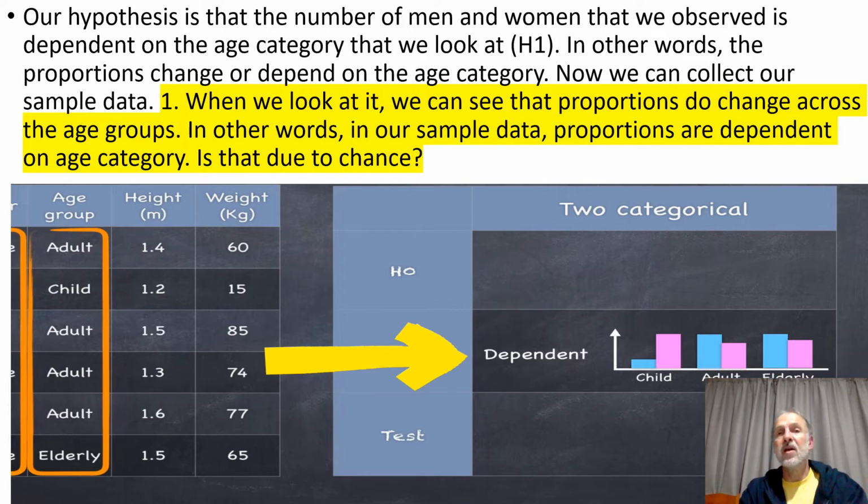So we think this is probably true for the population as well, but we can't say. In other words, we have to ask ourselves, is that due to chance? So we first have to go and test it.